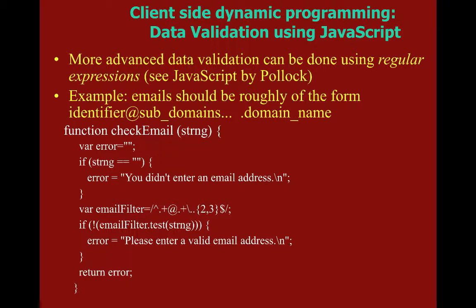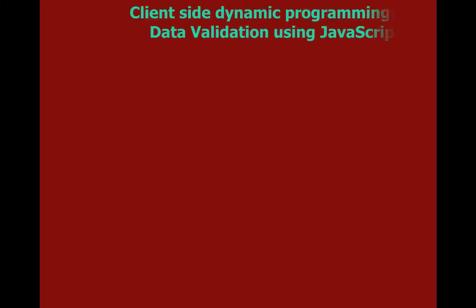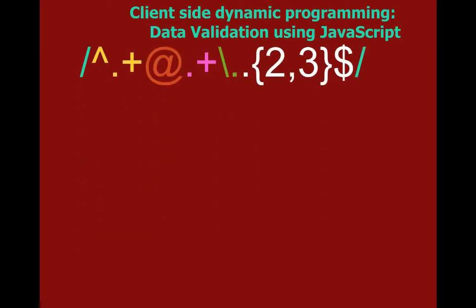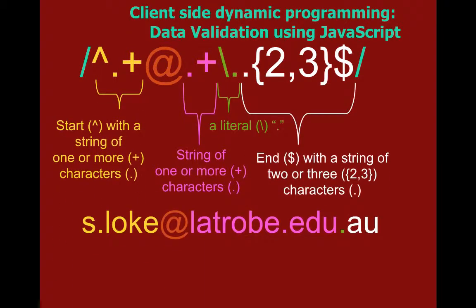So what does that regular expression actually mean? It's checking for strings of this structure. Strings that start with a string of one or more characters. A character is denoted by dot, and one or more is denoted by plus. So dot plus means a string of one or more characters, and the caret sign means start.